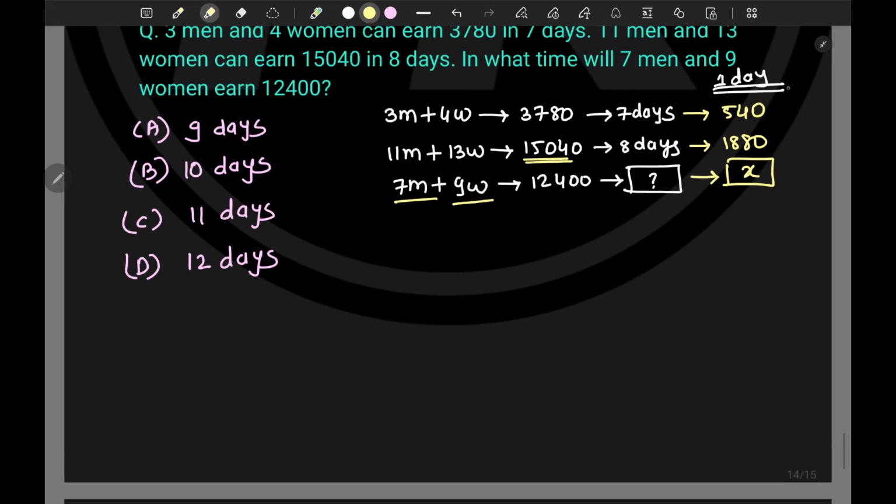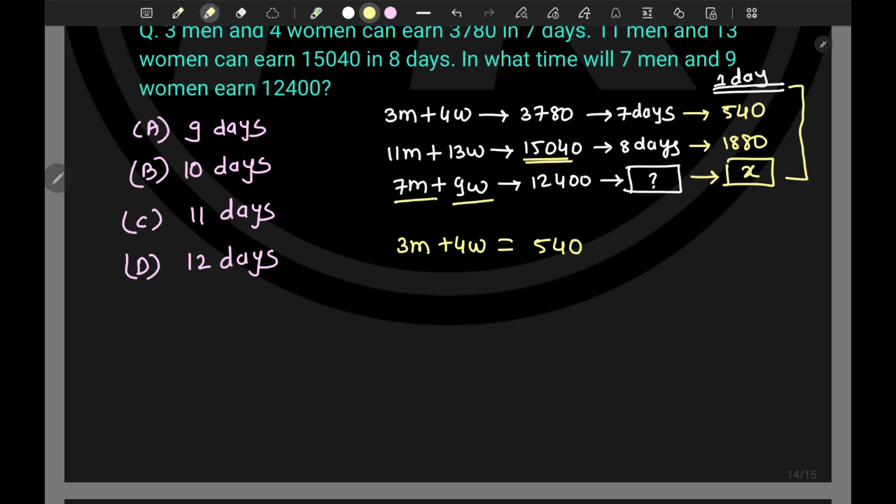So now we have to write down the equation in terms of a single day. Earlier we solved the problems using this much portion of work in a single day, but now this much wages for a single day. So we can simply write 3 men and 4 women is equal to 540.